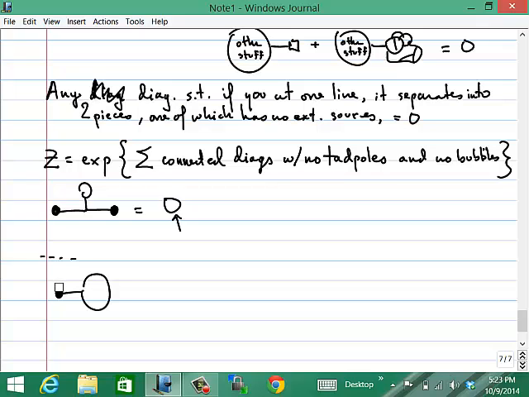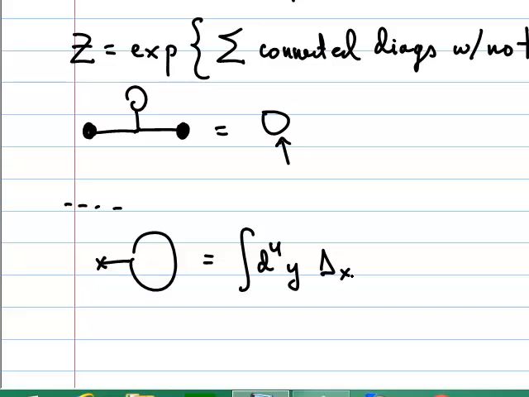So here, I guess I've drawn it with an external source, which is a j. I could also have an insertion of a phi there. Okay. So what is this? This is the integral d4y, delta xy, delta yy.